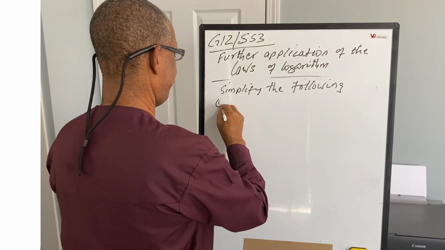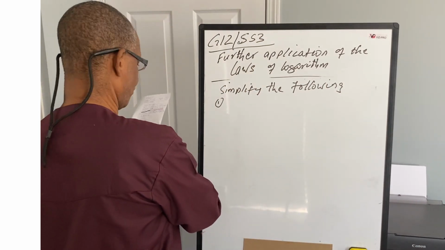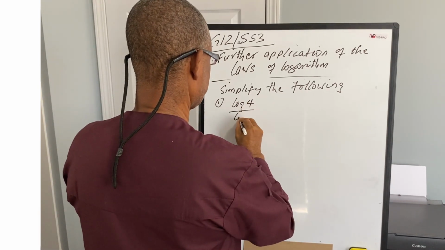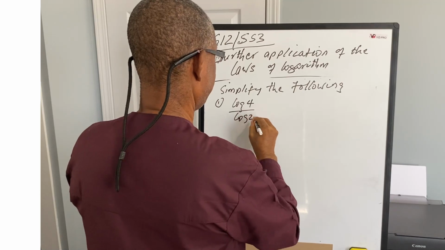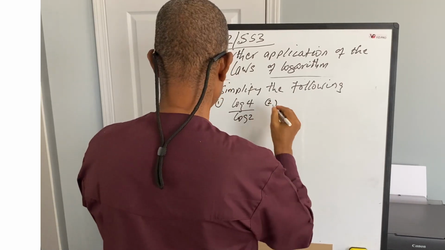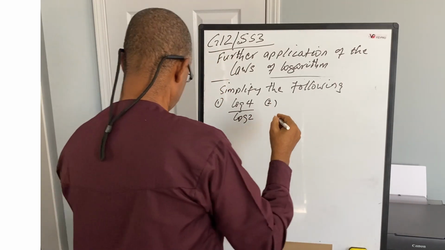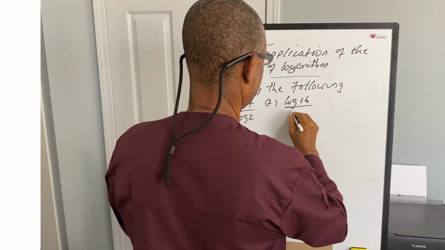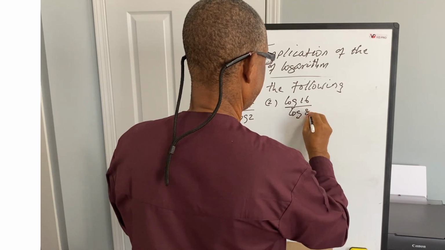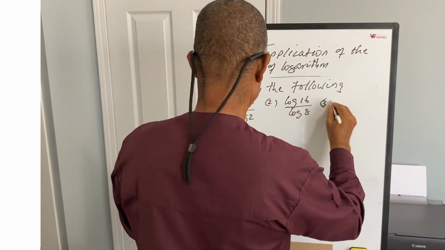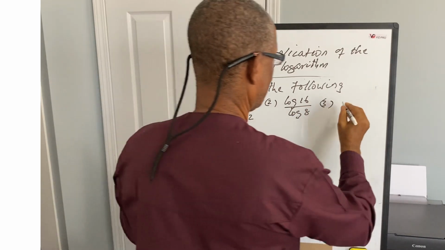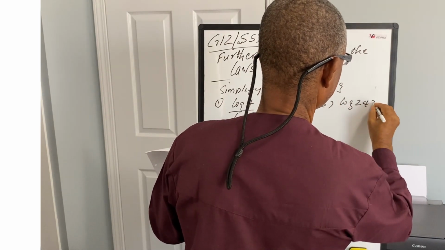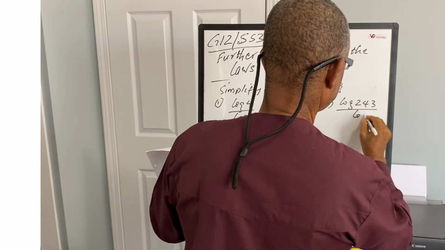Number 1, we have log 4 over log 2. Number 2, log 16 over log 8. Number 3, log 243 over log 3.